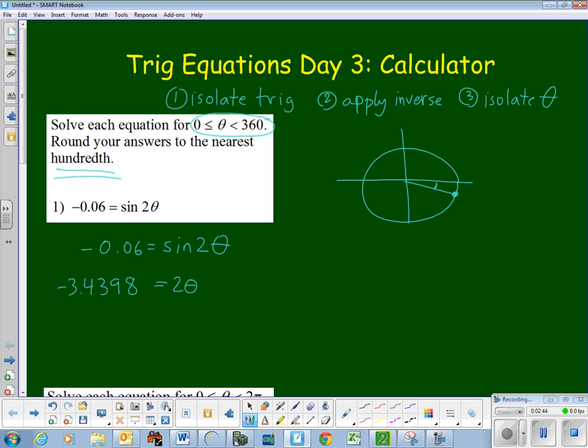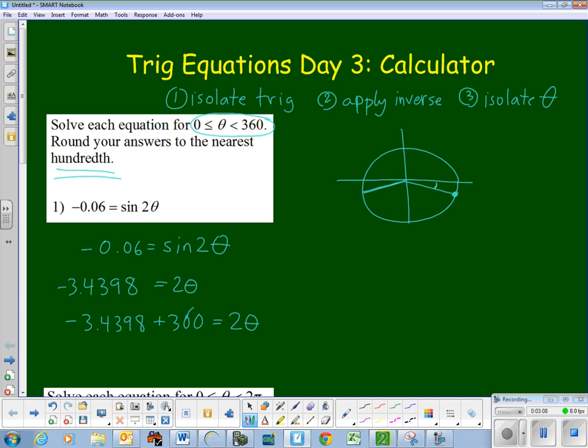That's also going to be true at the other place with the same height, which would be over here. Now, remember when we're looking for all possible answers, we need to include all revolutions around the circle, like that for this version of the answer.